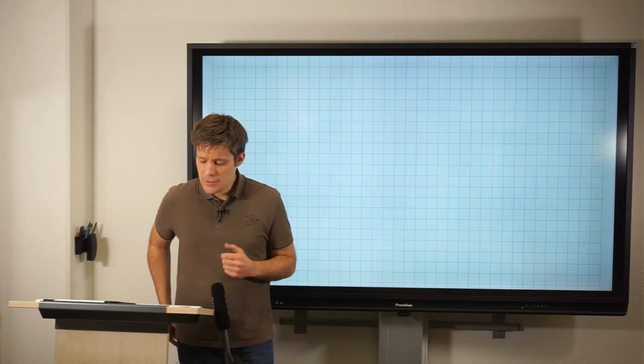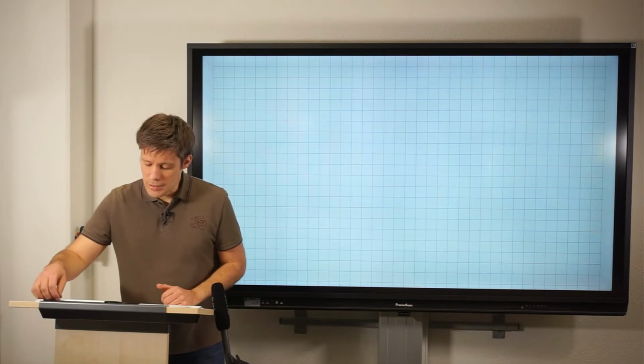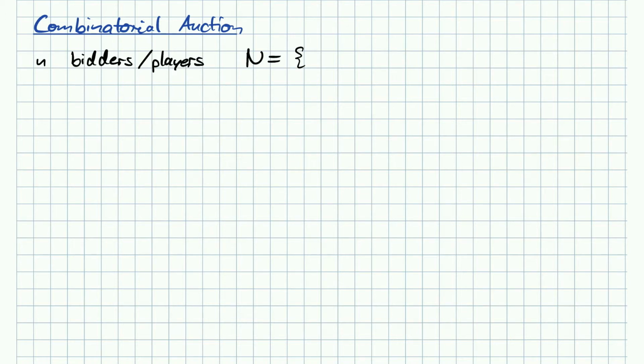Good. So let's first recap the definitions of combinatorial auctions. In a combinatorial auction, we have n bidders or players, however you want to call them, and that will be a set capital N, and usually we call it the bidders 1 through n.